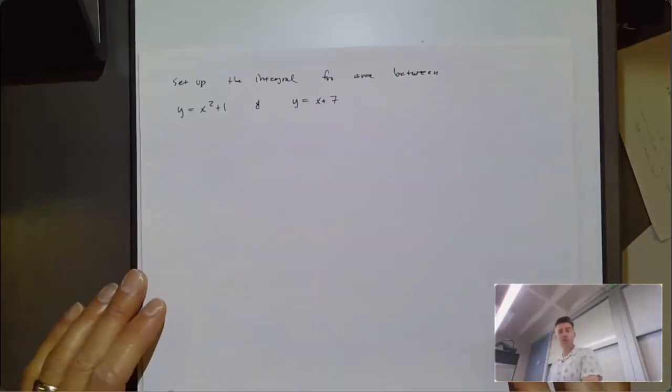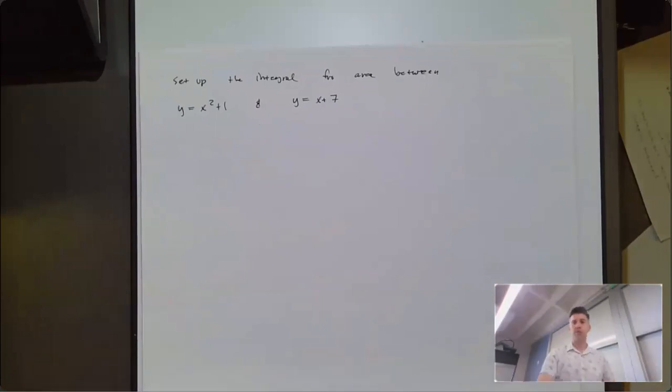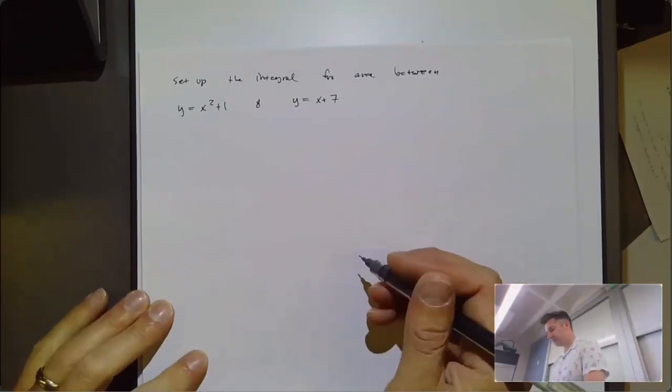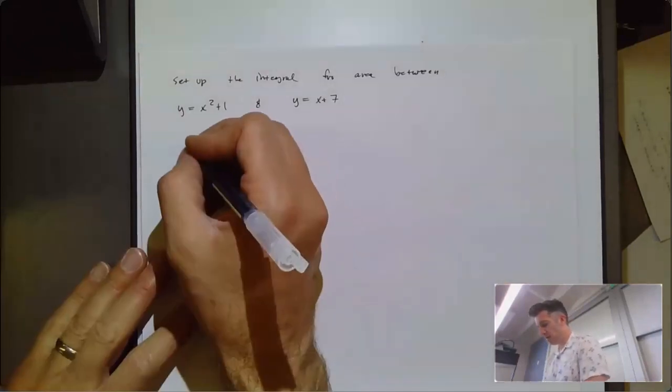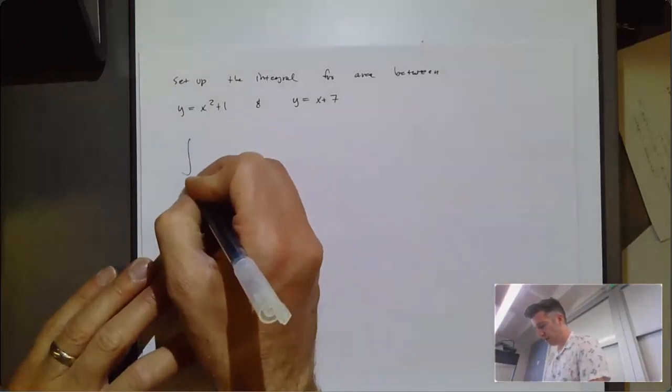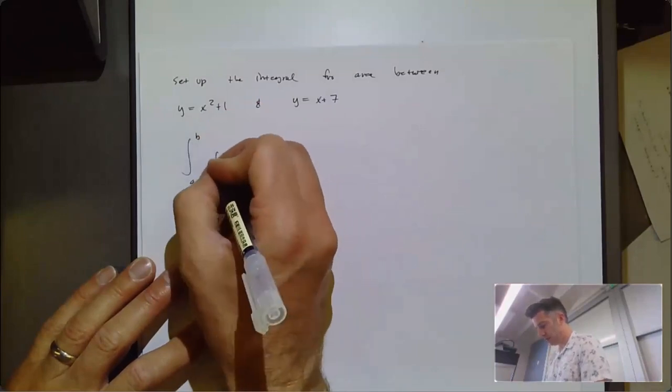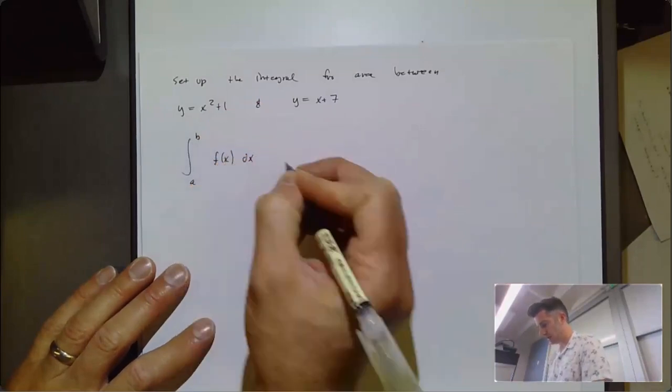So we do not have to draw a picture, but you certainly can if you want to. Let's do it without drawing the picture first, and then we'll see what the picture gives us. So we know we need the integral from a to b of some function dx.